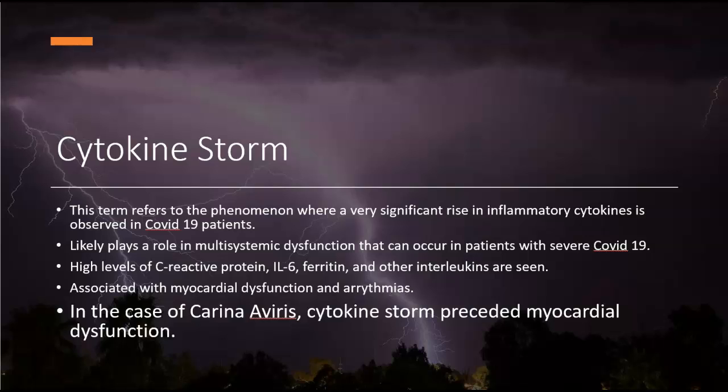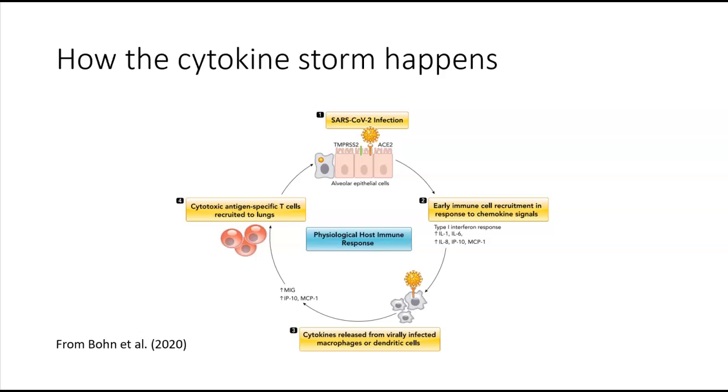If you remember, your typical ARDS case has three forms of damage: volutrauma, atelectrauma, and biotrauma. And that biotrauma is what we're dealing with here. So here's how the cytokine storm happens along with the body's normal immune response. First, the virus enters alveolar epithelial cells.